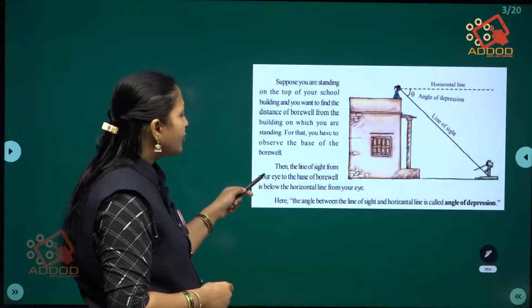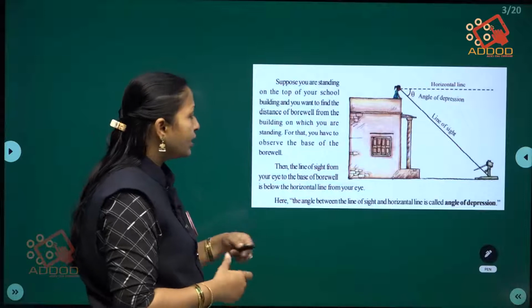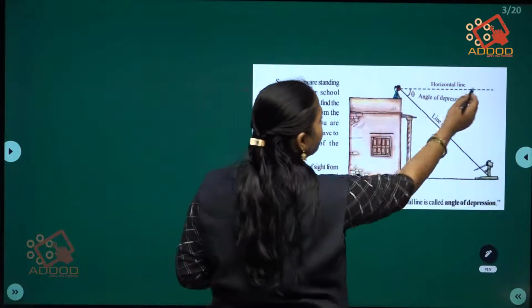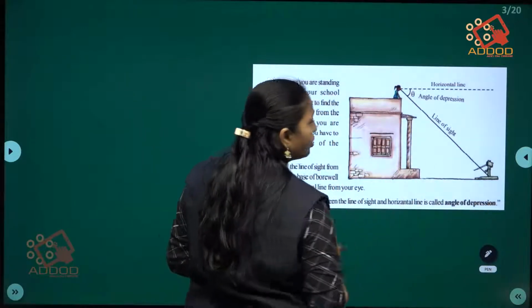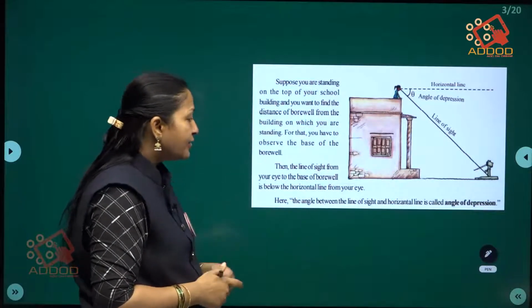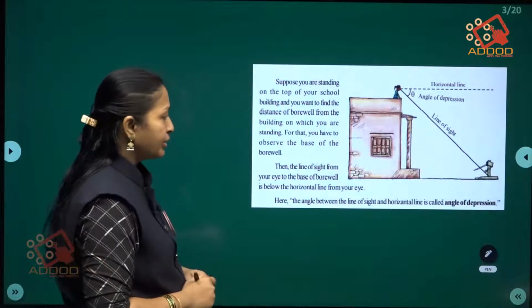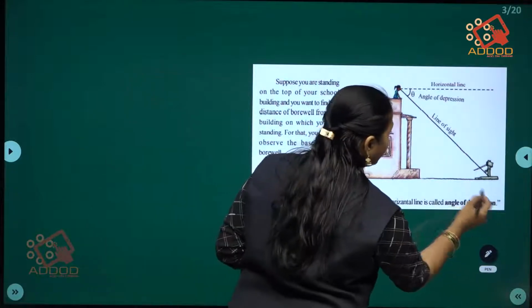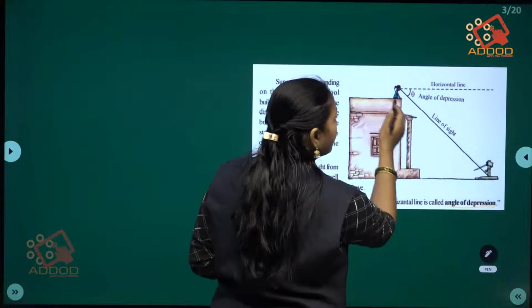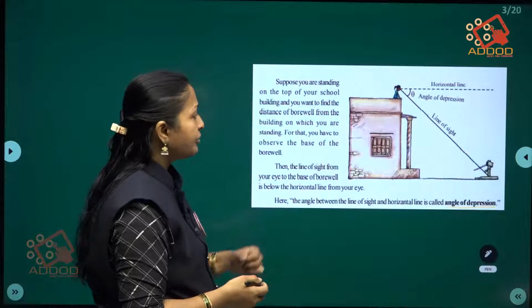Then the line of sight from the eye to the base of the borewell is below the horizontal line. See, this is the horizontal line, and the angle is below the horizontal line. The angle between the line of sight and the horizontal line is called the angle of depression. So the angle from the eye to the borewell is the angle of depression.